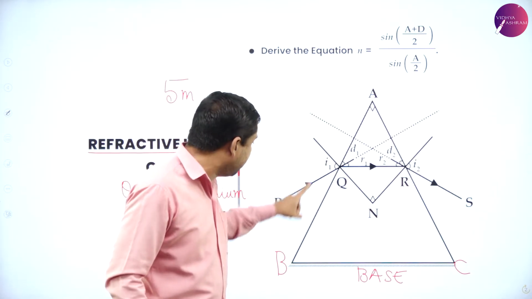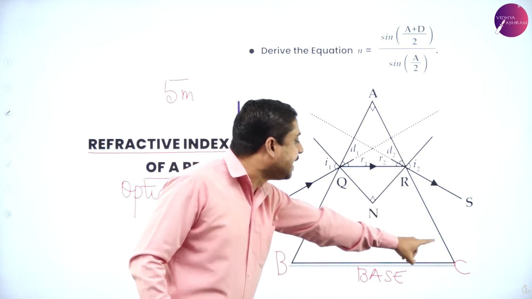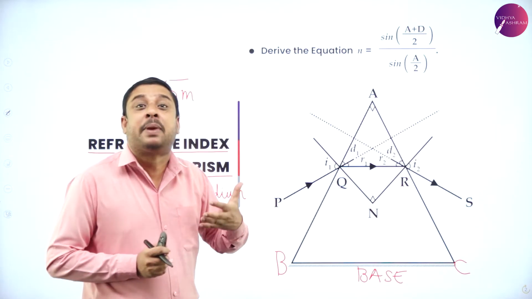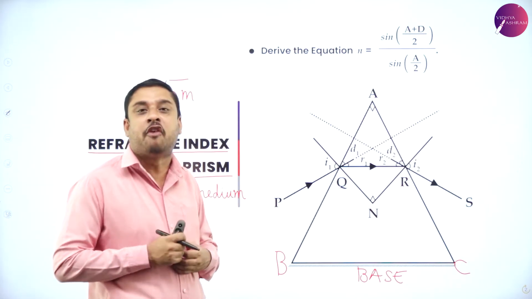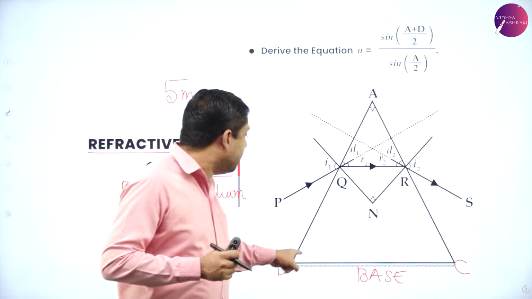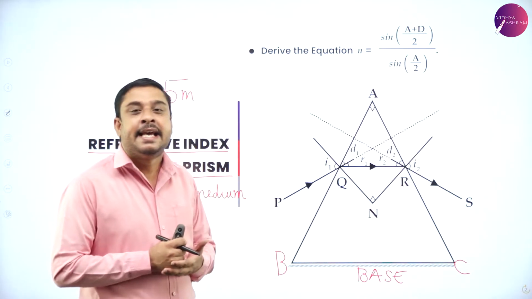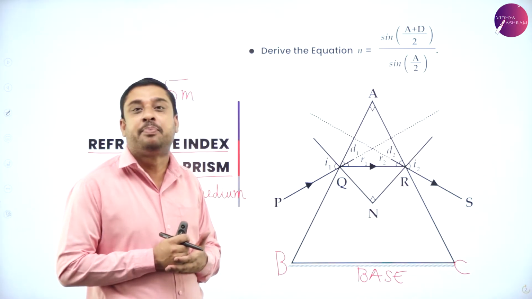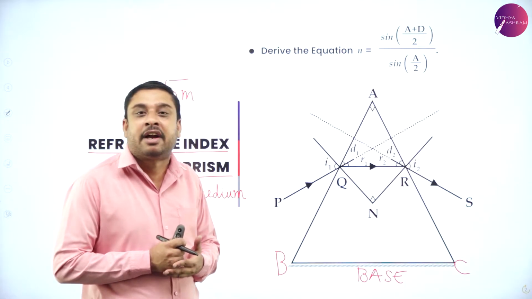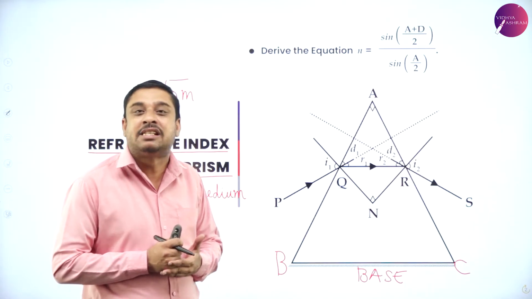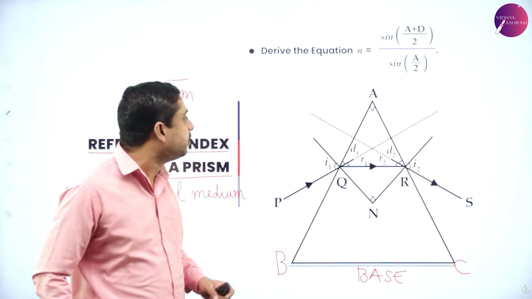So ABC is the principal section of the prism. BC is the base of the prism where refraction doesn't happen.